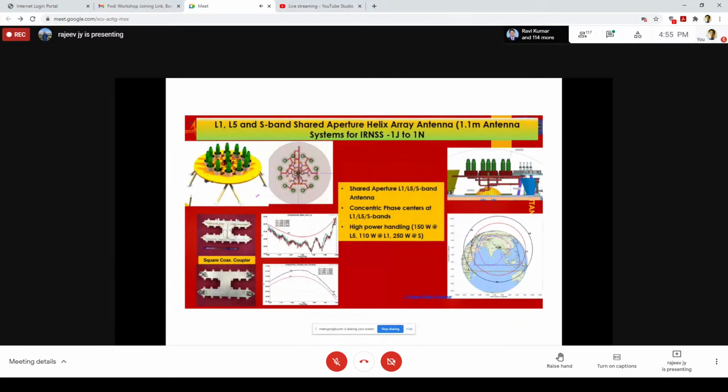But for the antenna, you have your own innovation. You can design, because you don't need any foundry, you can indigenously design 3 bands into a single antenna, and this is a new complexity. Again, the phase center requirement and high power requirement remain the same. In the high power case, the feeder network becomes very important.